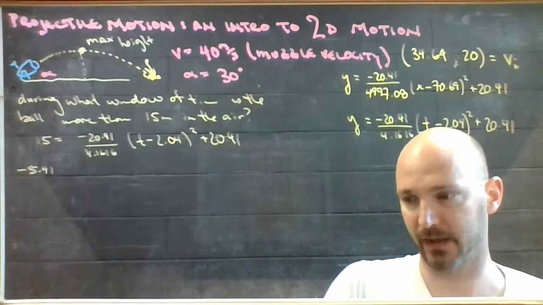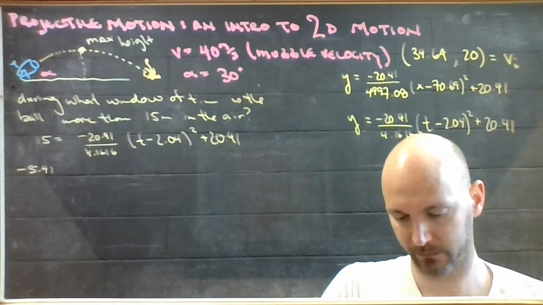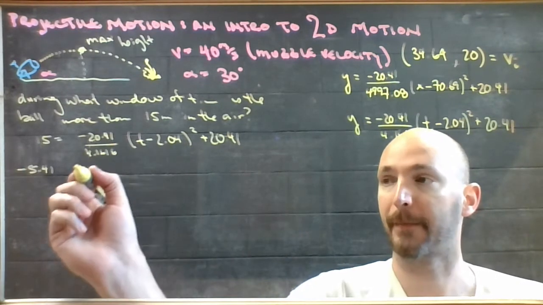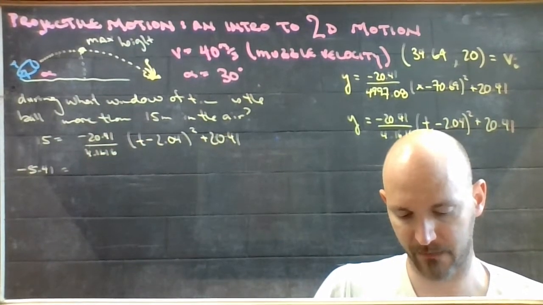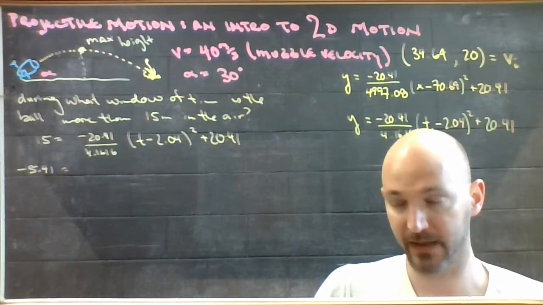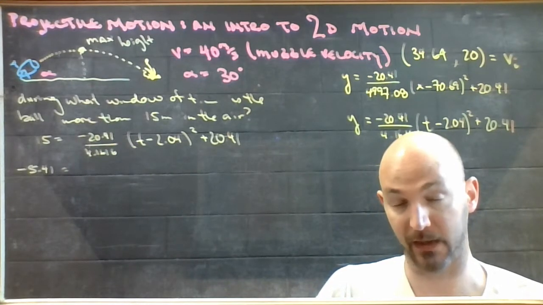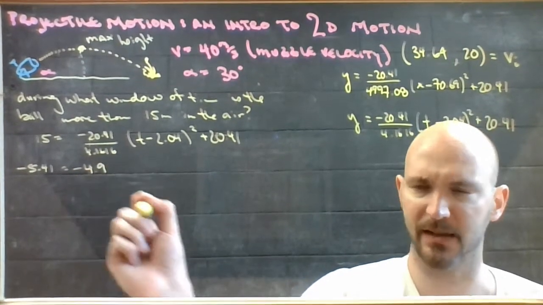Make sure that's right. I'm just going to check this. 20.41 divided by 4.1616 is 4.9 as advertised. I wonder why that happened.